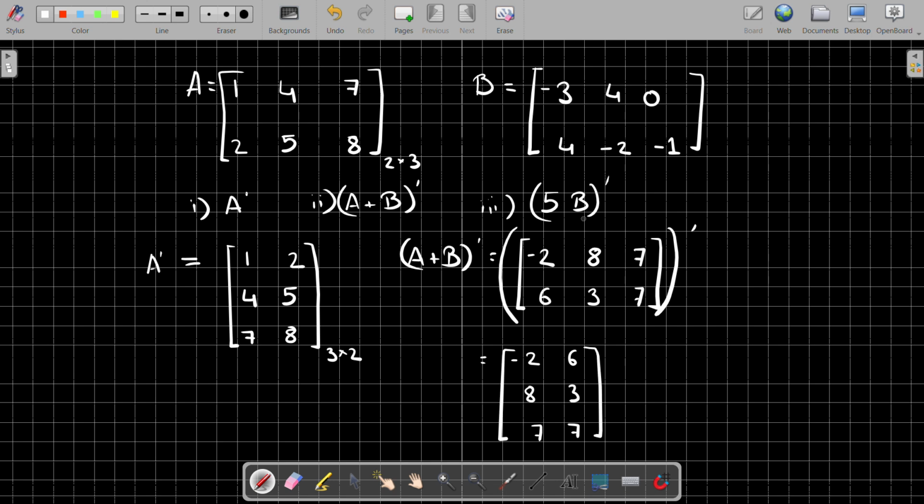And 5B whole transpose will be 5B transpose by the previous property, and it will be equal to -3 into 5, minus 15, 4 into 5, 20, 4 into 5, 20 again, -2 into 5, that will be -10, 0 into 5 will be 0, and -1 into 5 will be -5.